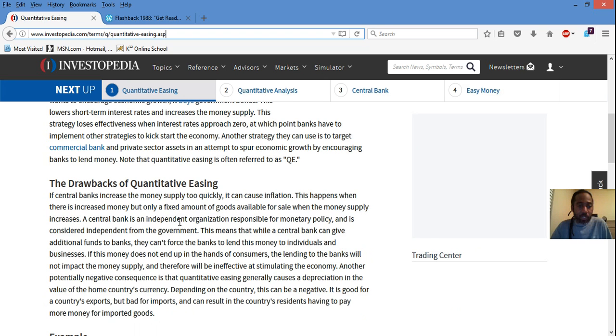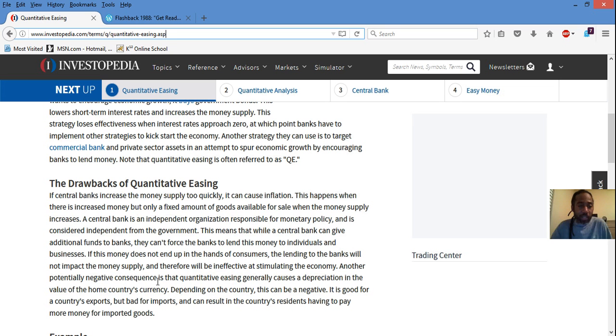A central bank is an independent organization responsible for monetary policy and is considered independent from the government. This means that while a central bank can give additional funds to banks, they can't force the banks to lend this money to individuals and businesses. If this money does not end up in the hands of consumers, the lending to the banks will not impact the money supply and therefore will be ineffective at stimulating the economy.